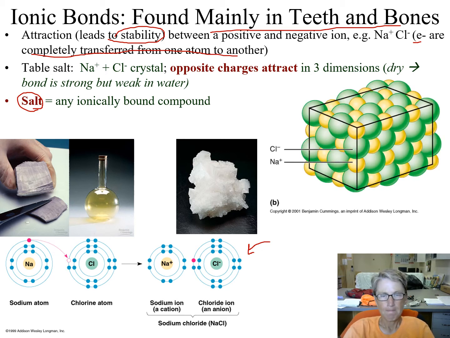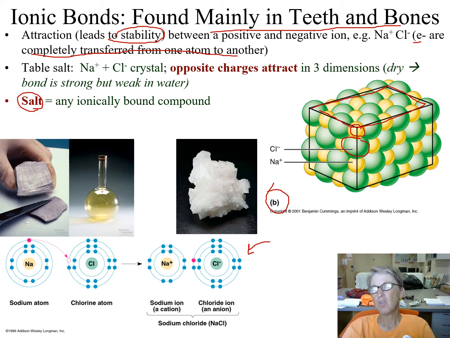So I like this cartoon here, this letter B. It shows a piece of salt in 3 dimensions. It looks more like a rectangle in a cube, but it shows the chloride ion being larger than the sodium ion.